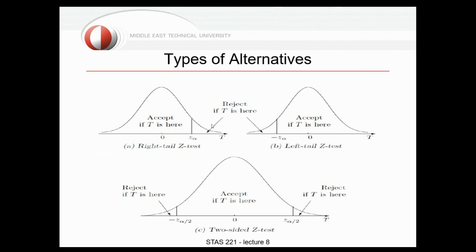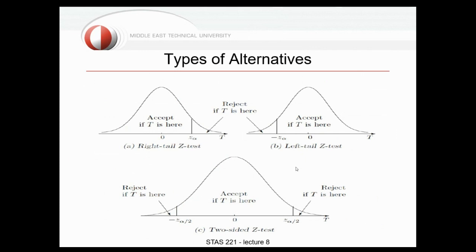All right, so assume that we know about H0, HA. We know about our test statistic value now. The next thing to do is either accept or reject our hypothesis. So there are different scenarios, and all of them depend on your HA.